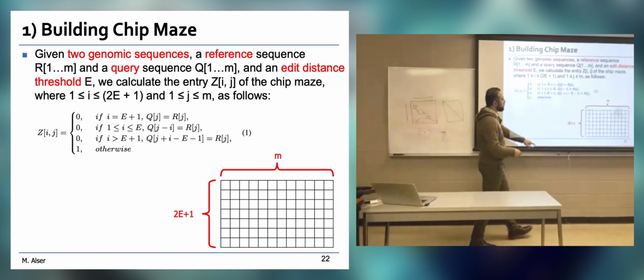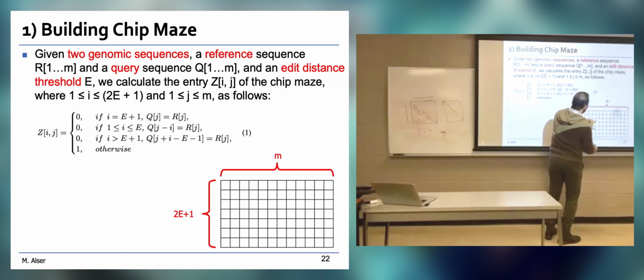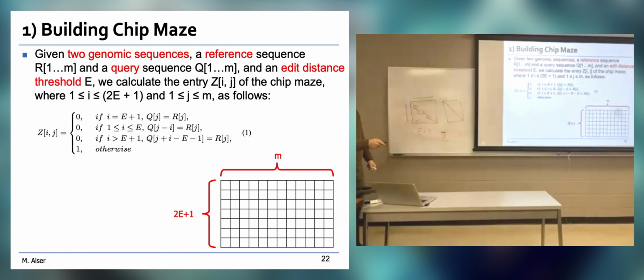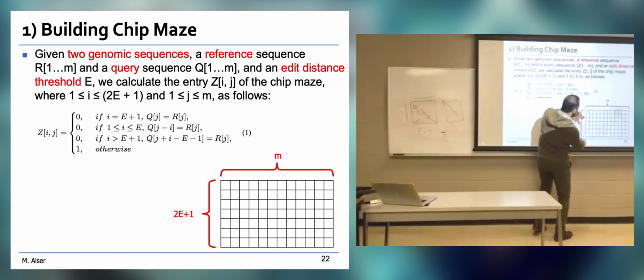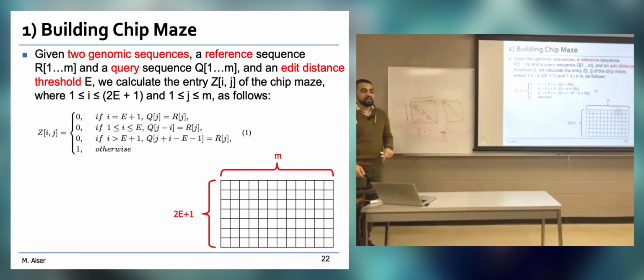So any entry in here, for example, this is I equal to 2, right? Because we start from 0, 0, 1, 2, and then 0, 1, 2. So 2 and 2. If we want to calculate this, then 2 and 3, right? That is Z(I, J) of the chip maze, where I, the number of rows, varies from 1 to 2E plus 1. So the width or the height of this matrix is 2E plus 1, okay?